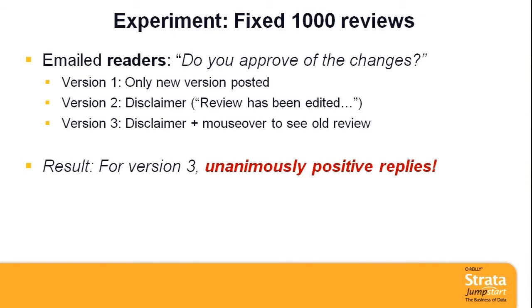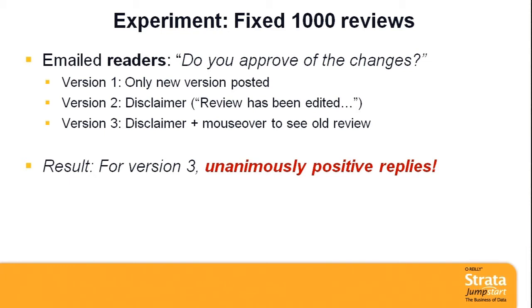In the first version, when we only posted the fixed version, essentially what Zappos has been doing, people were not very happy. Indeed, they were sticking to their guns, and they were saying, well, I want to know the original spelling of the review.